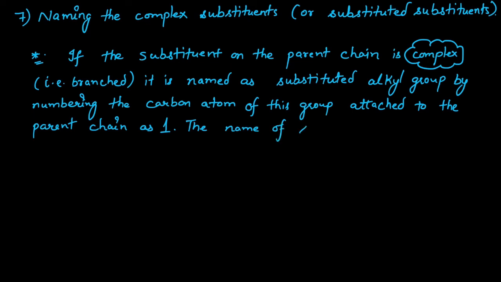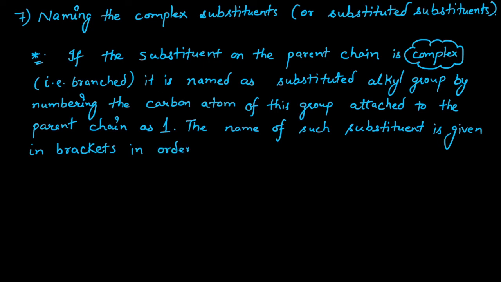The name of such a substituent is given in brackets so that we don't get confused with the numbering of the parent chain. So we generally write such complex substituents in brackets.